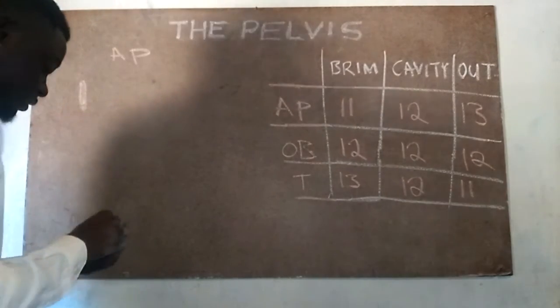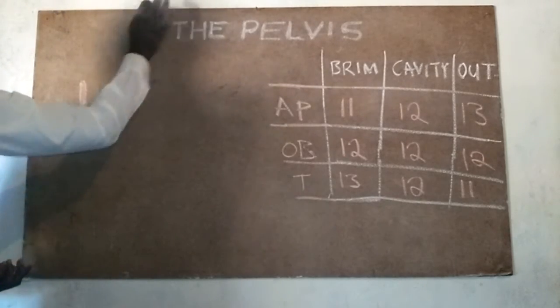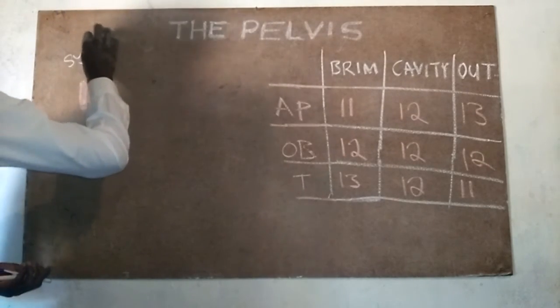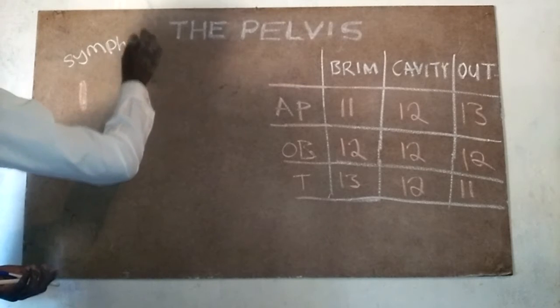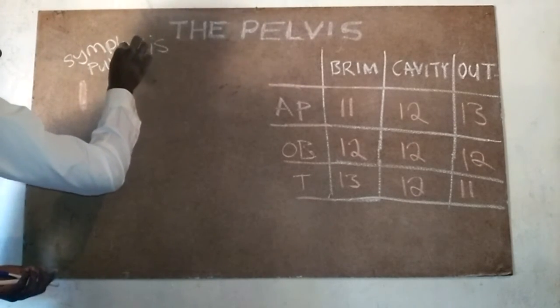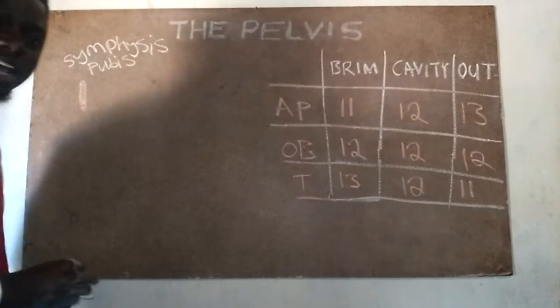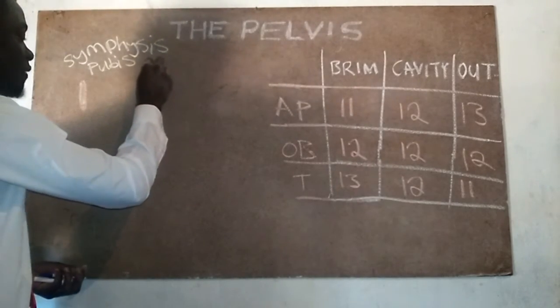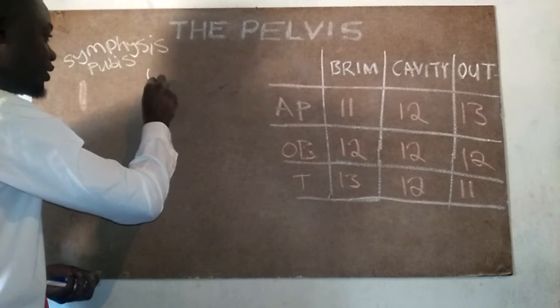So here is the symphysis pubis, and this is the sacrum.